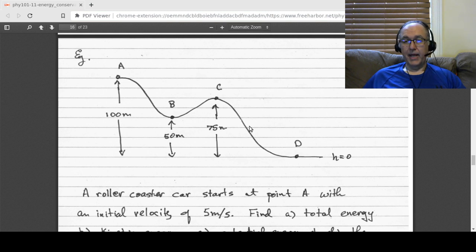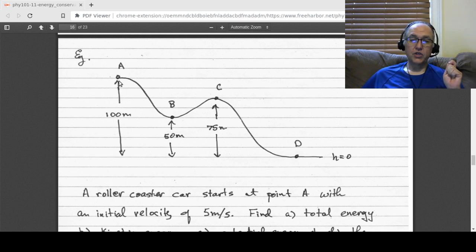Okay, before I jump in and actually read the problem, this is basically our initial problem, but now I've added some numbers, or my initial example right at the beginning of the lecture. Here I have the roller coaster, and I have some points A, B, C, D, like that, and I don't care what the number is. This is what I can say.